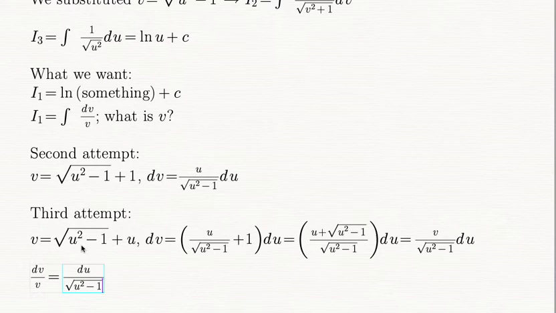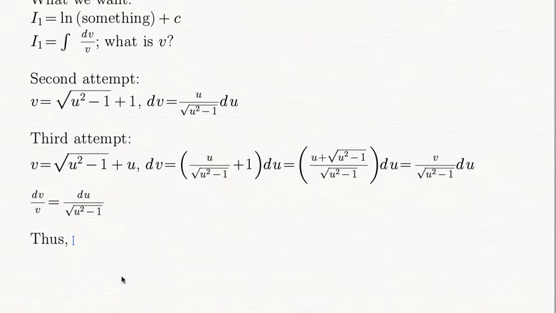So therefore, if this were the substitution, v is equal to square root u squared minus 1 plus u, then the integrand I1, thus I1 is equal to integral dv by v, and we are home free, is equal to ln of v plus c, and write out what v is now.